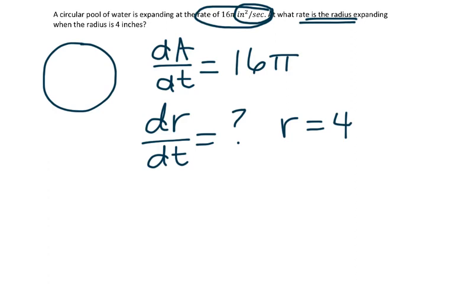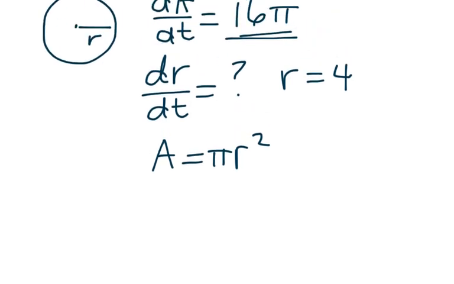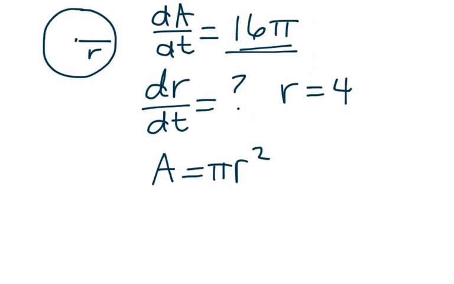We know the rates here in regards to area, and we're dealing with a circle, and whenever we have a circle with a radius r, the area of a circle is pi r squared. So we're going to start with pi r squared. Now notice here when they give us the dA/dt, that's with respect to time.